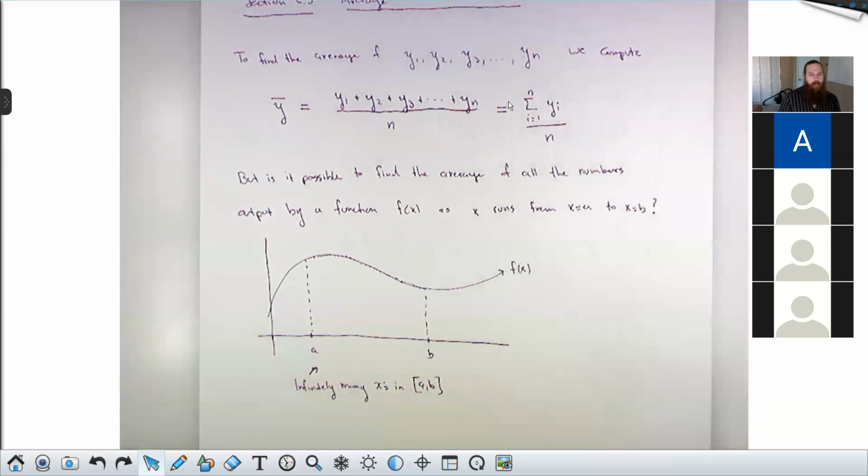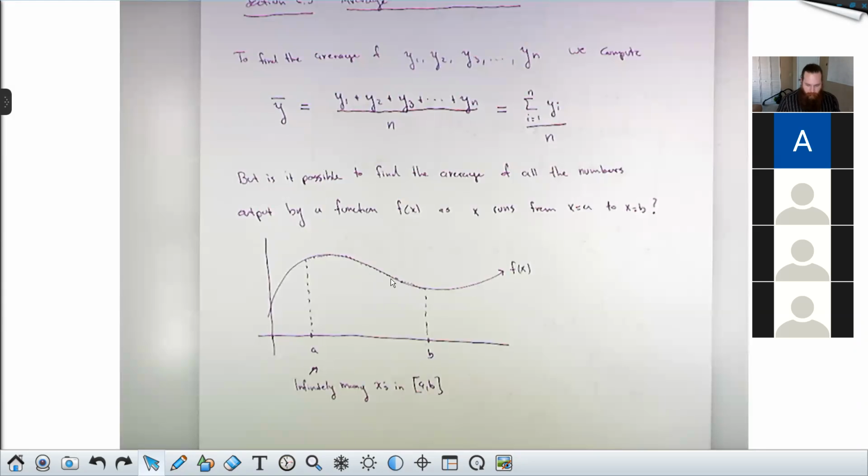And what's worse is it turns out to be a big infinity. What I would like to do is write down every single y value that occurs up here, add all of those up, and then divide by the number of them. But there's way too many. There's infinitely many. And it's actually a big infinity.